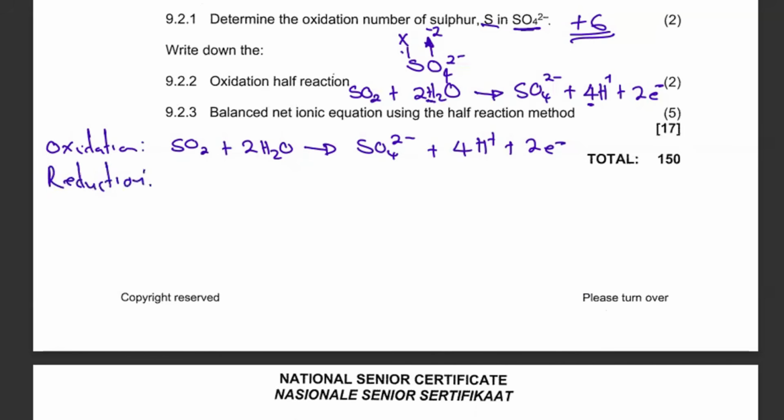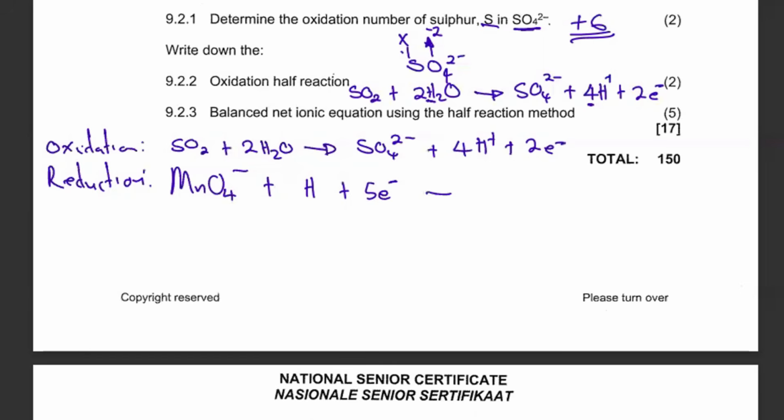Your reduction part is going to start with MnO4 ions, and we are told it forms Mn2+. So we start with MnO4-, then plus hydrogens, I'll leave them for now, then plus 5 electrons so that we can balance them out.